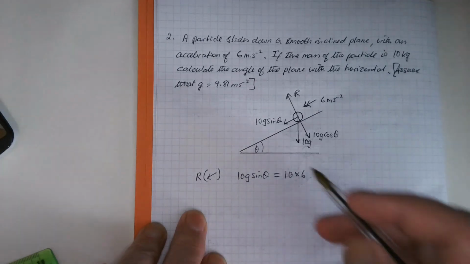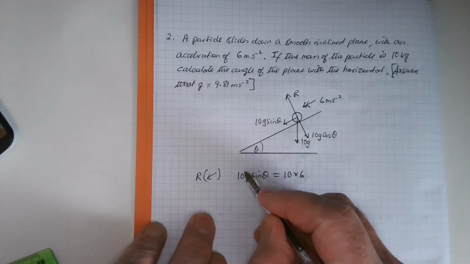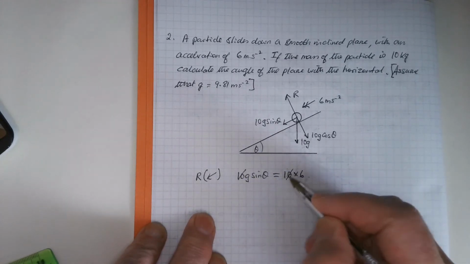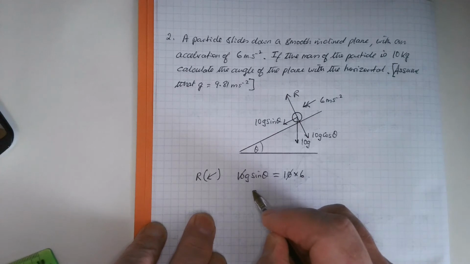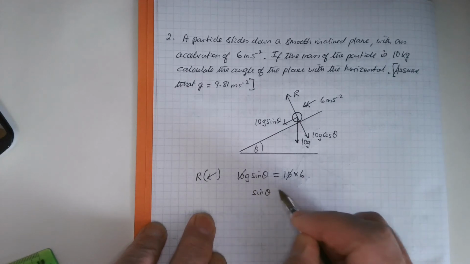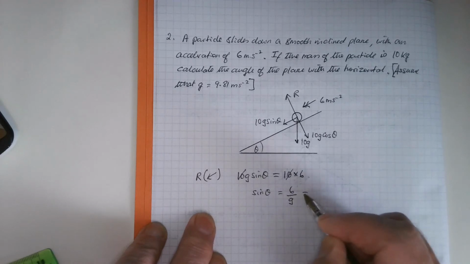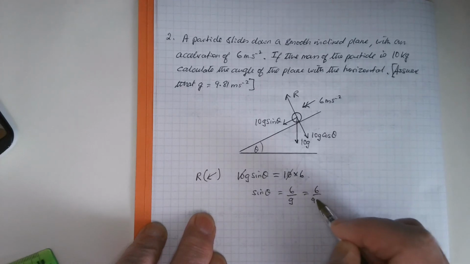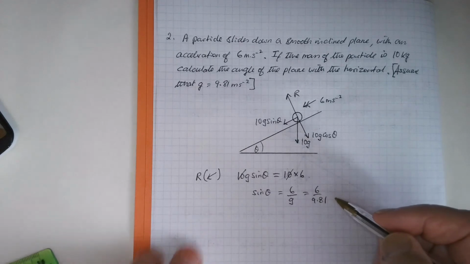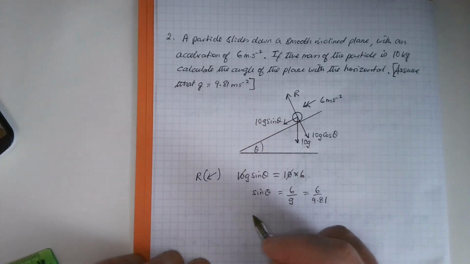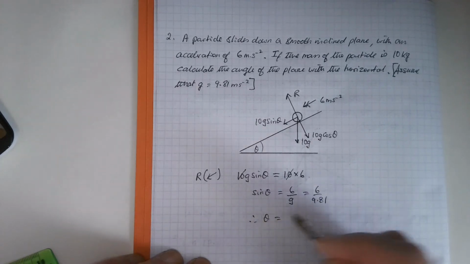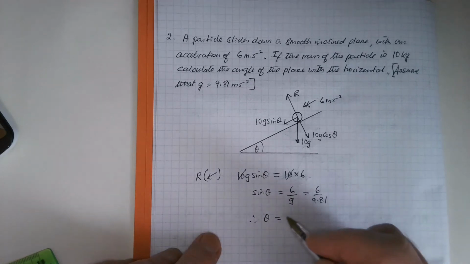So 10g sine theta is 10 times 6, cancel the 10s out, and we end up with sine theta equals 6 over g, which is 6 over 9.81, and therefore we can write down theta by using the inverse sine.